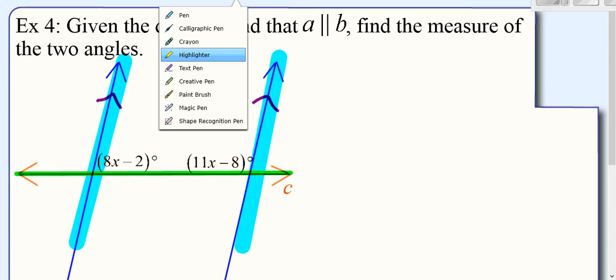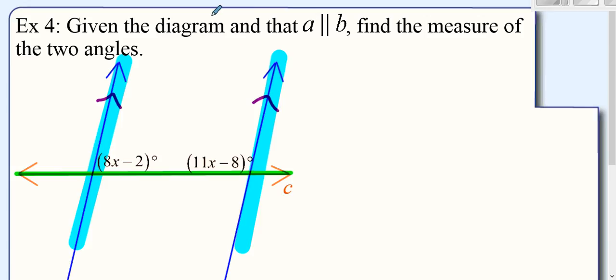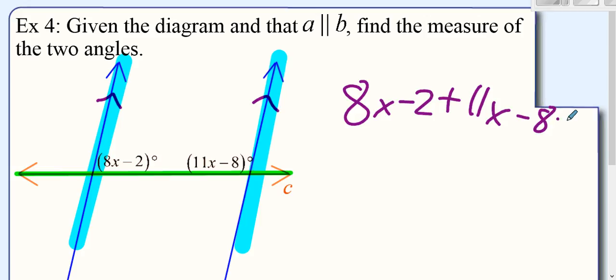Since they are same side interior angles and the lines are parallel, we then know that those two angles are going to add up to 180. Because they are same side interior angles, they are supplementary. Same side, supplementary. Supplementary means 180.